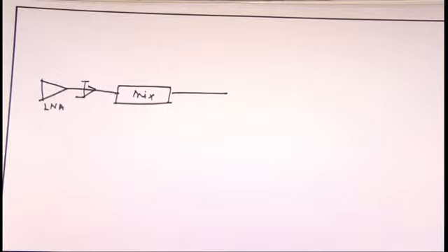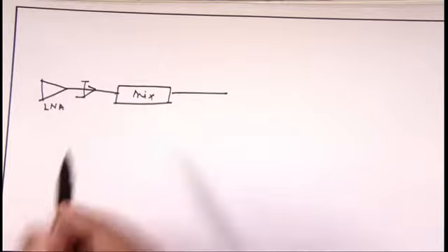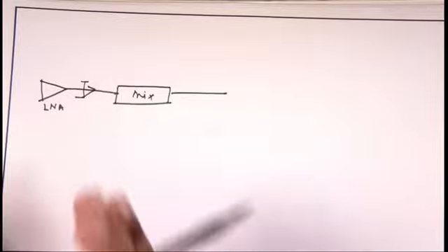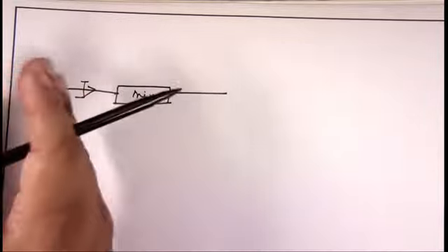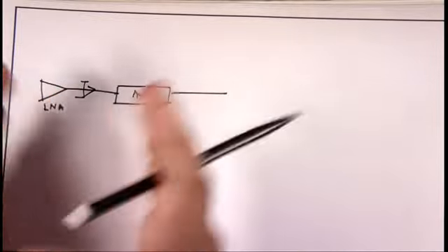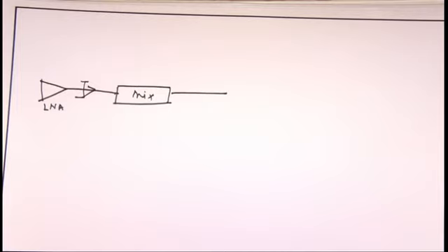LNA cannot be working alone and mixer cannot work alone in a transceiver chain. In that case, mind it, you require further tuning. Now all your data, all your performance has been finalized or optimized assuming the 50 ohm impedance load terminated. But when they are merged, can you really say it is 50 ohm terminated?